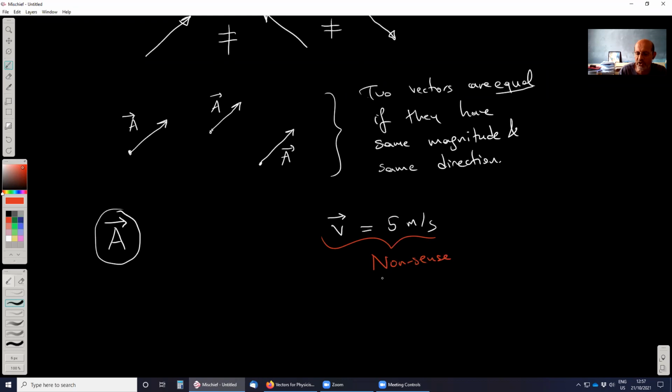I would treat this as nonsense because this is a geometrical object, but that's a number. You cannot say, for example, a triangle is equal to 5. So you cannot also say the same thing for vectors. Geometrically, a vector is a different thing than a number.